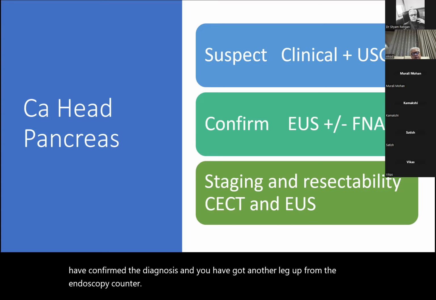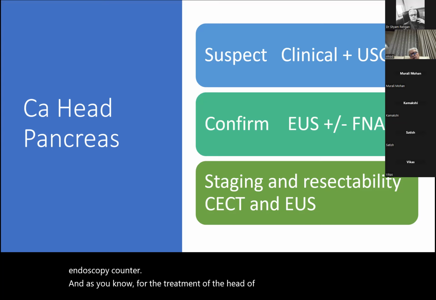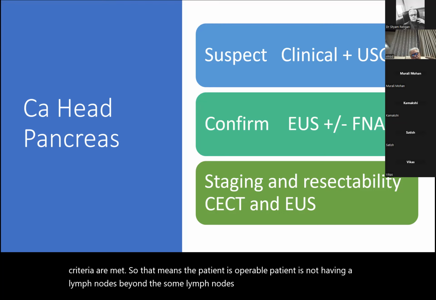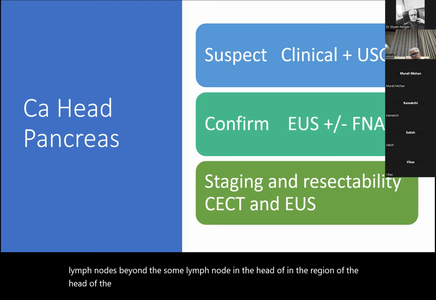And as you know, for the treatment of the head of the pancreas, when all the criteria are met, that means the patient is operable, the patient is not having lymph nodes beyond some lymph node in the region of the head of the pancreas, and there are no mets in the liver, and there are no other lymph nodal masses anywhere.